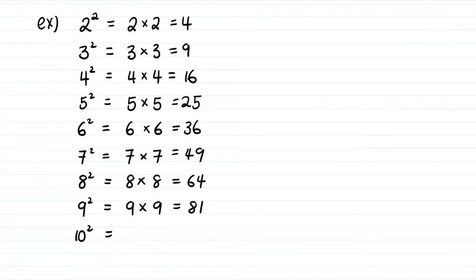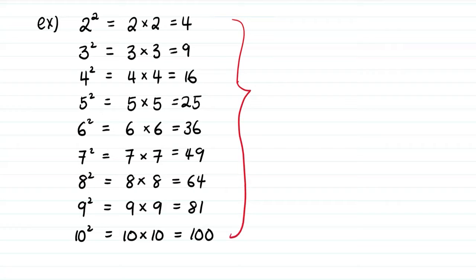And last one, 10 times 10, which is 100. So these are just the examples of perfect squares. But if you can recognize these numbers, it will be very useful when you're solving questions. So these are all perfect squares.